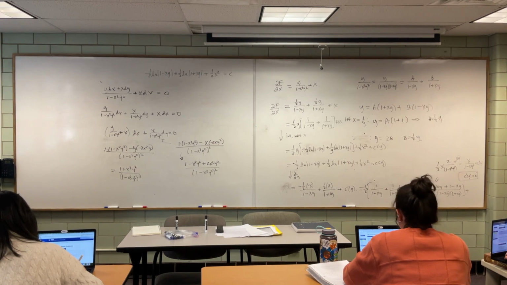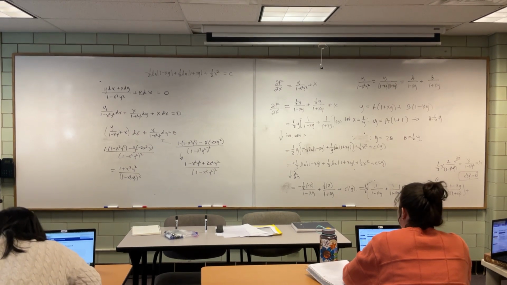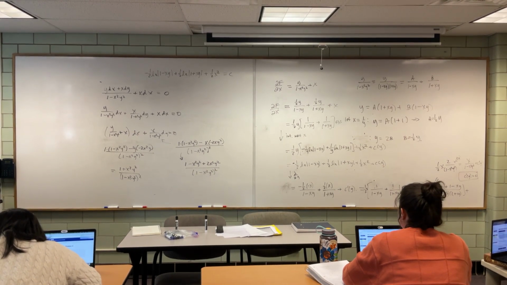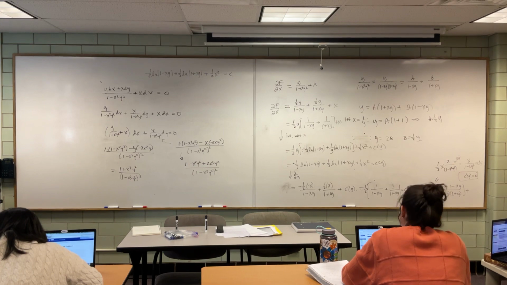So now when you check the derivative, the 2 comes out in front, you get 10x. And then that looks great. And then add on plus c of y. Now differentiate that with respect to y. And then that should be good.